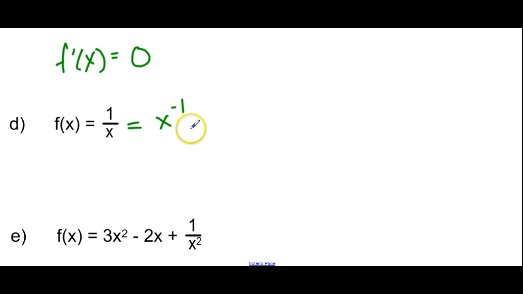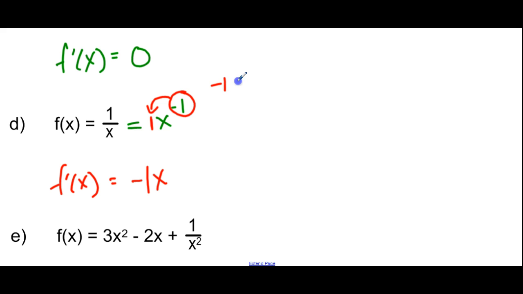So we're trying to find a derivative of this. We take that exponent, which is negative 1, and we multiply it to the number in front, which is 1. So 1 times negative 1 is negative 1, x. Negative 1 minus 1 is negative 2, so this is going to be x to the negative 2.